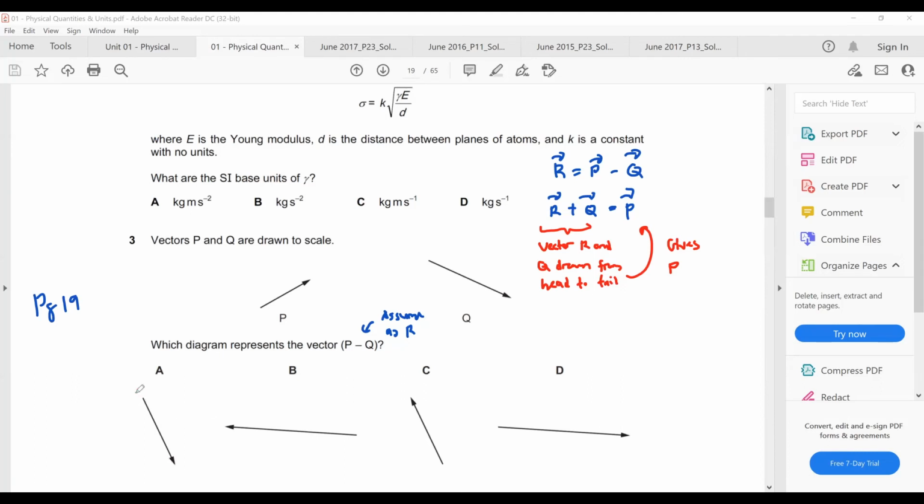You look at all these possible vectors here. Which one, in which direction, will actually tell me this relation? You can do trial and error here.